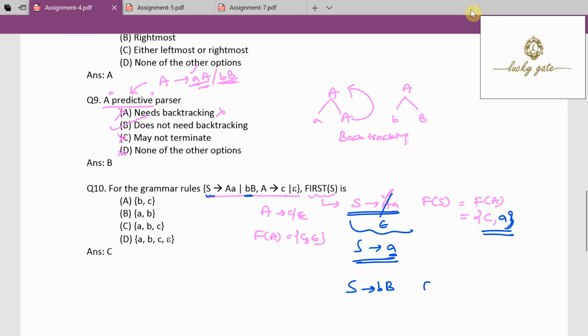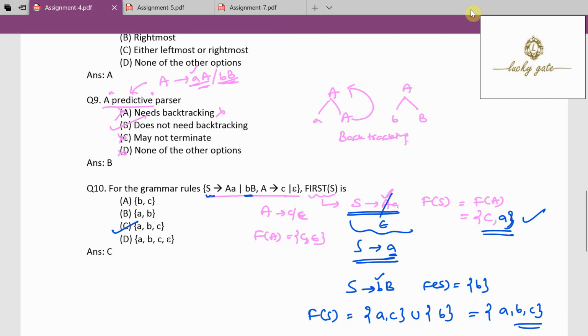So what is first of S from this production? The terminal appearing at the first position of its RHS, that is B. So the final answer for first of S: based on the first alternative we found A, C, based on the second alternative we found B, so first of S is all A, B, C. So the answer for this question is option C.